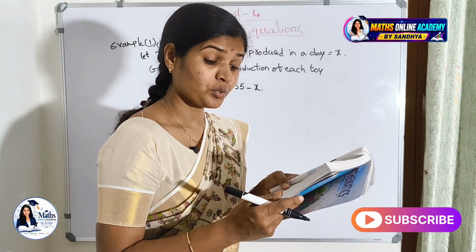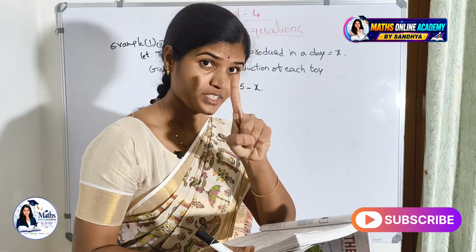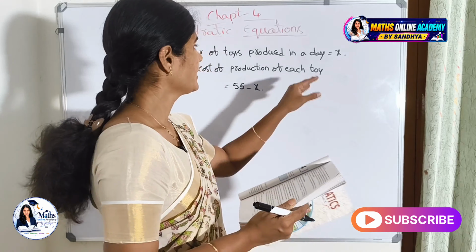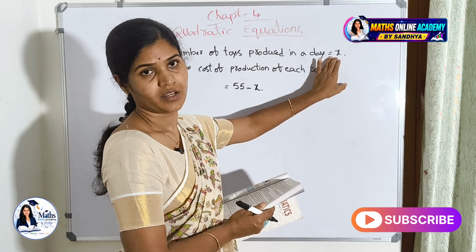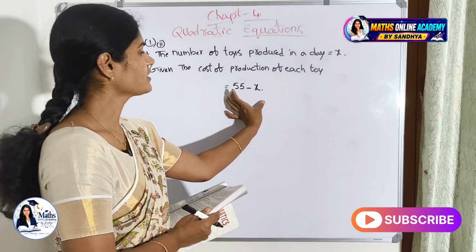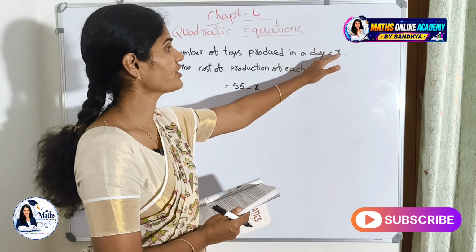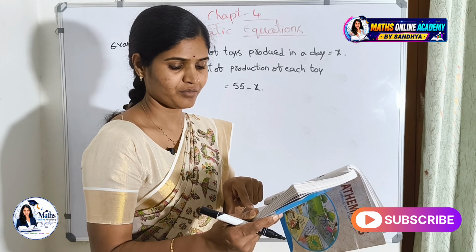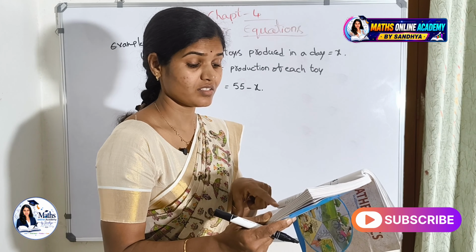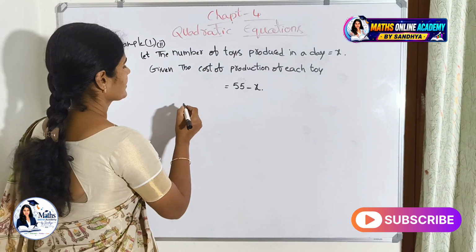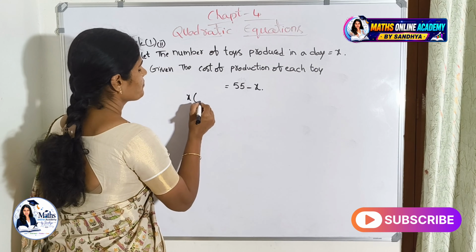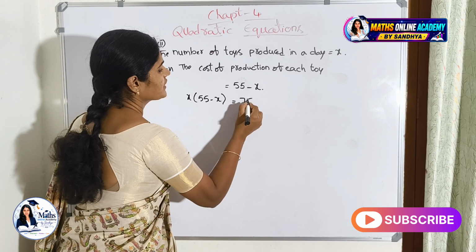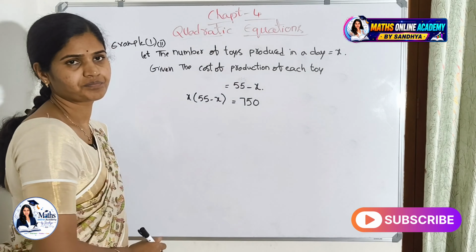See, on one particular day, the total cost of production was 750. This is the number of toys, and this is the cost per toy, and the product of these two is the total cost of production, 750. So x into 55 minus x equal to 750. This is the given.